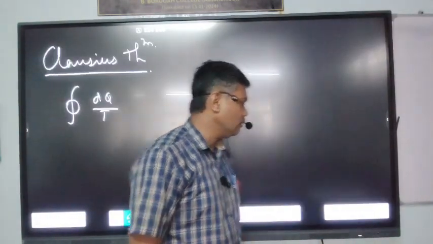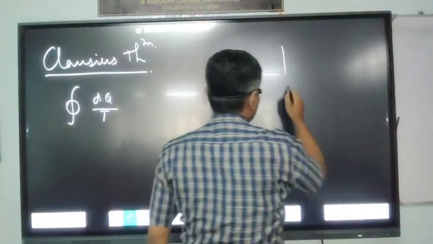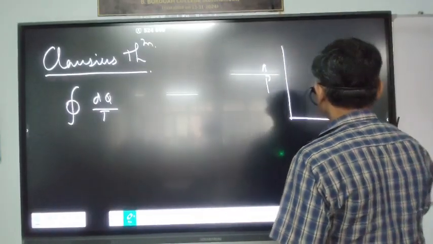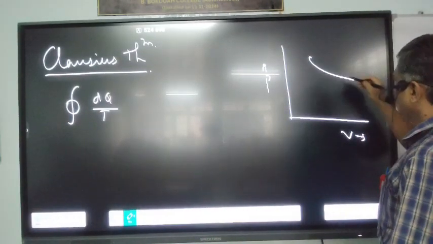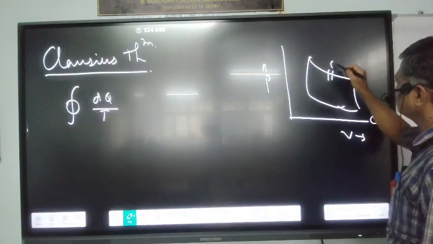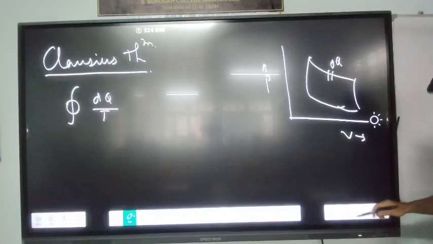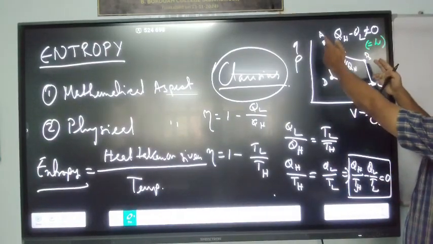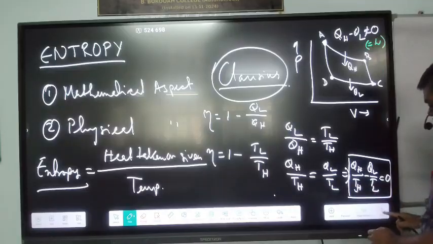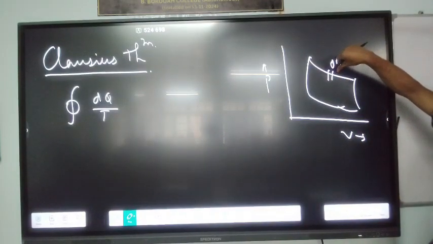So here what will I do? I will take a small amount dq, a small portion of the heat. During the whole process from A to B I am taking QH, but instead of the whole process, if I take a small portion, a small amount of heat taken will be dq.